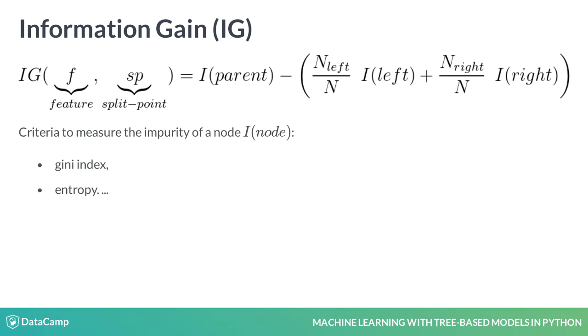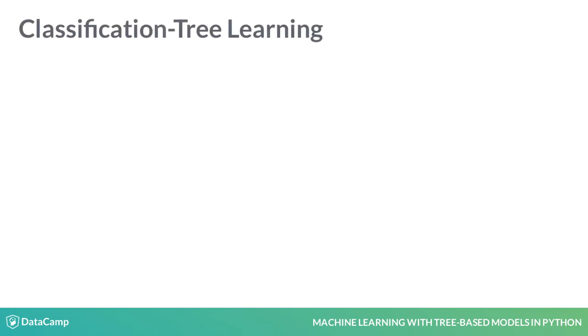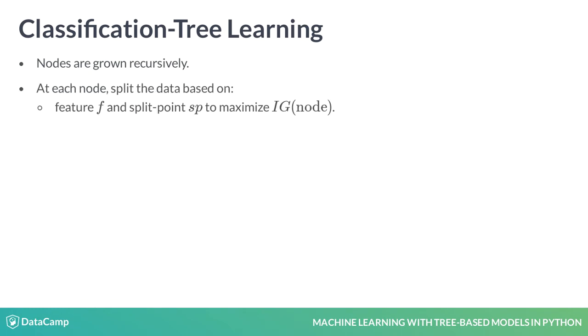Now that you know what is information gain, let's describe how a classification tree learns. When an unconstrained tree is trained, the nodes are grown recursively. In other words, a node exists based on the state of its predecessors. At a non-leaf node, the data is split based on feature f and split point sp in such a way to maximize information gain.